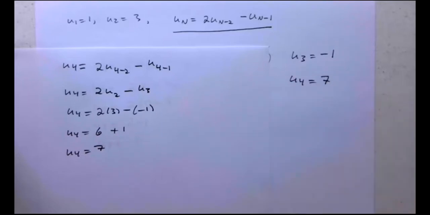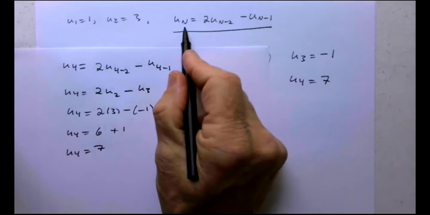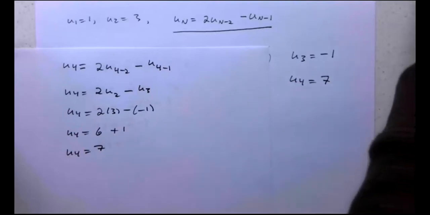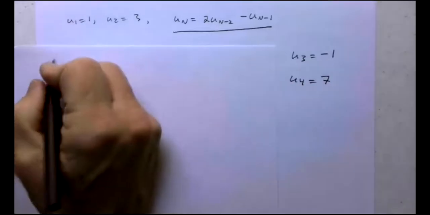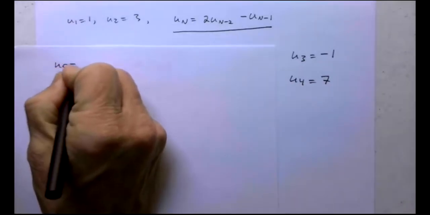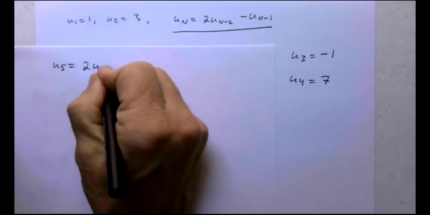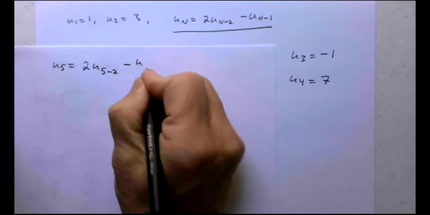To get u5, we're going to go up here to our recursively defined function and replace the n with 5. What is that going to give me? Replacing the n with 5, u sub 5 equals 2 u sub 5 minus 2 minus u sub 5 minus 1.